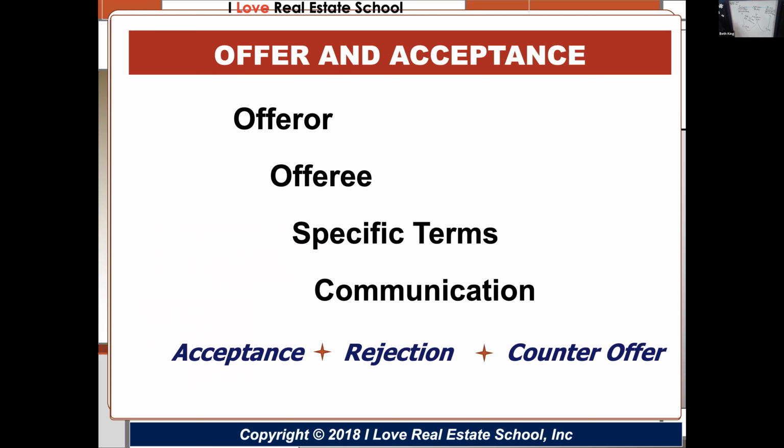So in an offer and acceptance, the offeror is the giver of the offer, and the offeree is the receiver of the offer, right? So in our little scenario, who is the offeror? Who is the offeree? Between you two, who's the offeror? Who's the offeree? Who's the person giving the offer?